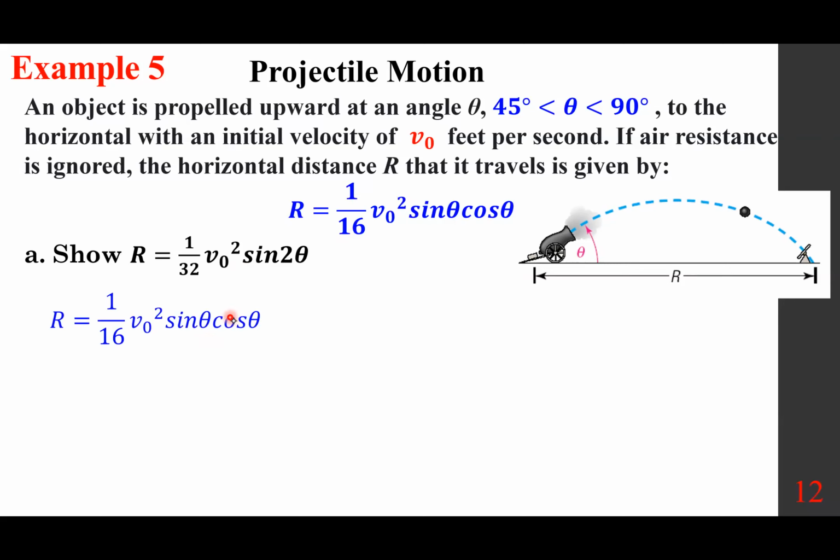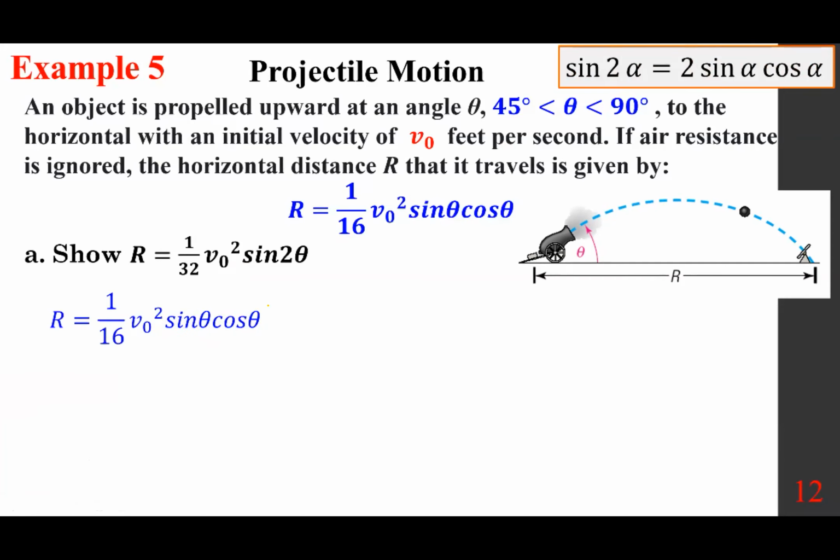As you know, sine 2 theta is 2 sine theta cosine theta. Therefore, this is half of sine 2 theta. According to this part, it is half of it, multiplied by 1/16, and believe it or not, that's the proof.